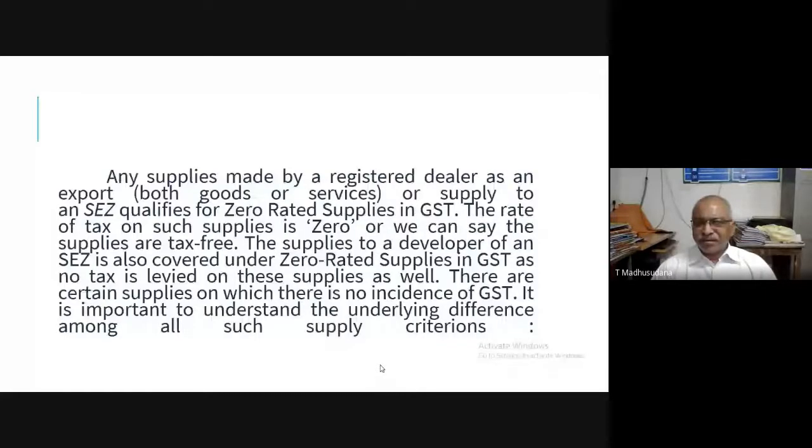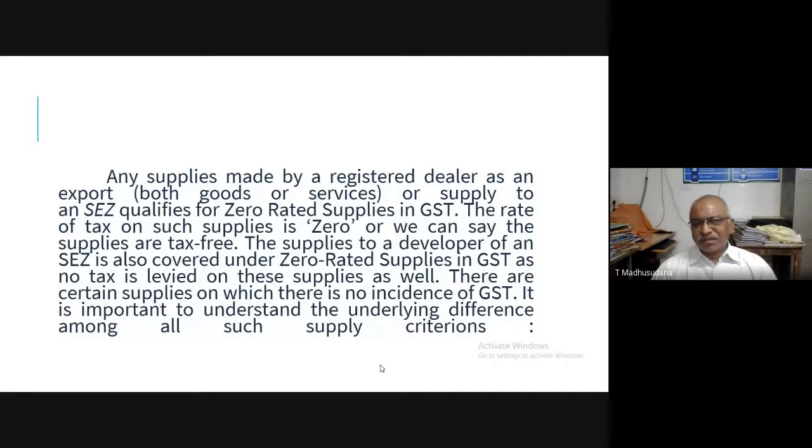So if you export goods or services to another country, or if you sell services to the special economic zones, it is to be treated under zero rated supplies. So the rate of GST on these supplies is zero. The supplies to a developer of an SEZ are also covered under zero rated supplies in GST, as no tax is levied on these supplies as well.